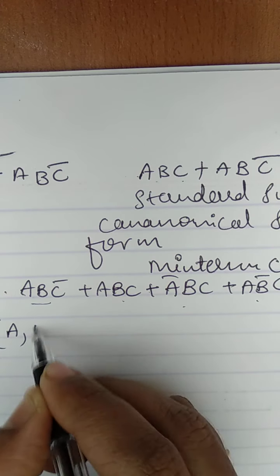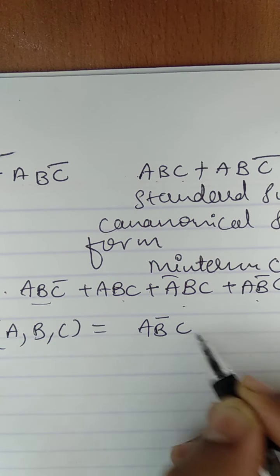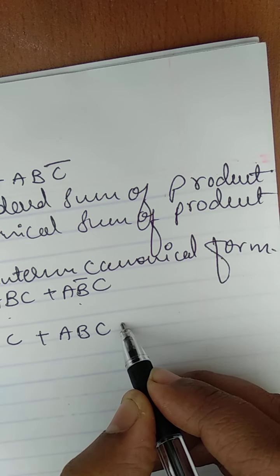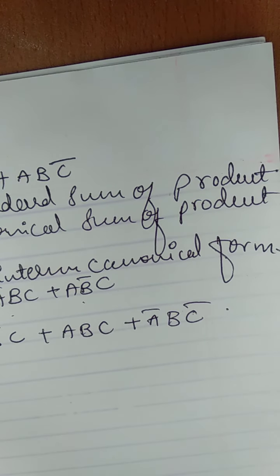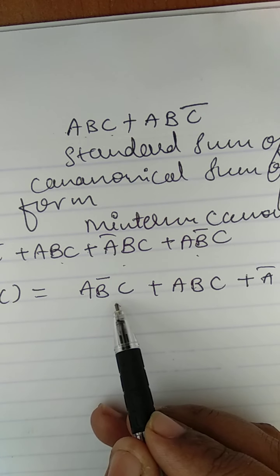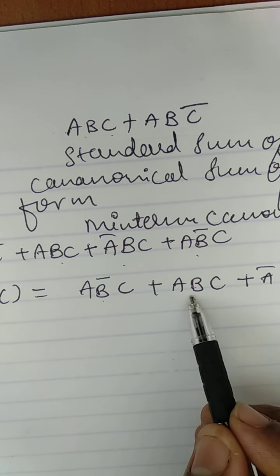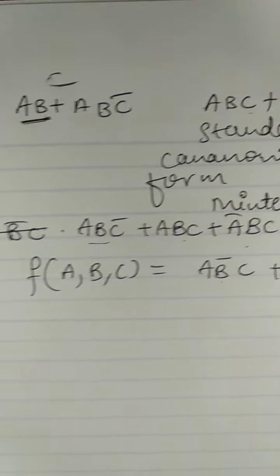If f of a, b, c is equal to a b bar c plus a b c plus A bar B C bar, each product term consists of all the literals in either complemented or uncomplemented form, as you can see. So this is regarding the standard sum of product.